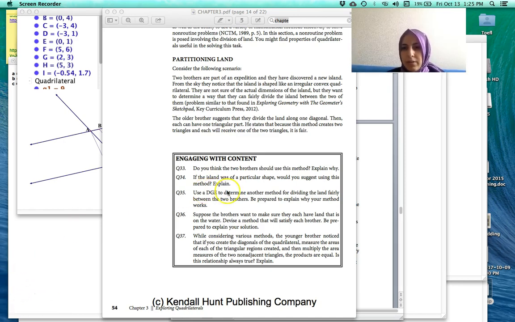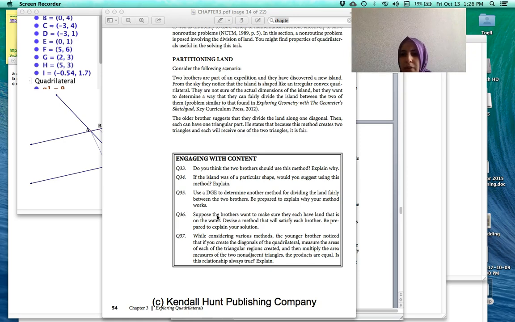Question 35. Use a DGE to determine another method for dividing the land fairly between the two brothers. Be prepared to explain why your method works. There are multiple solutions to this problem.